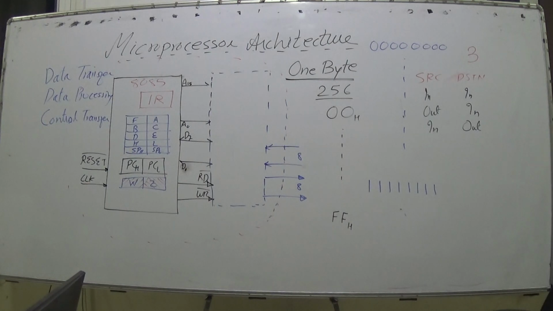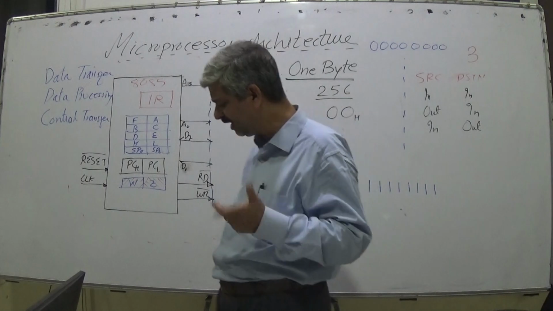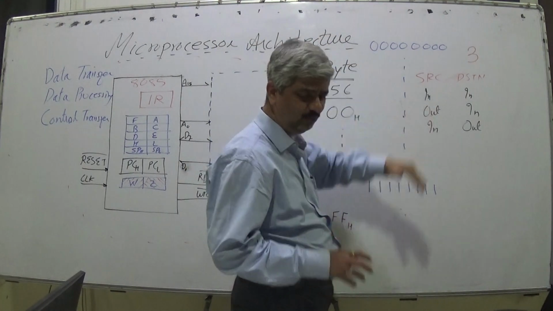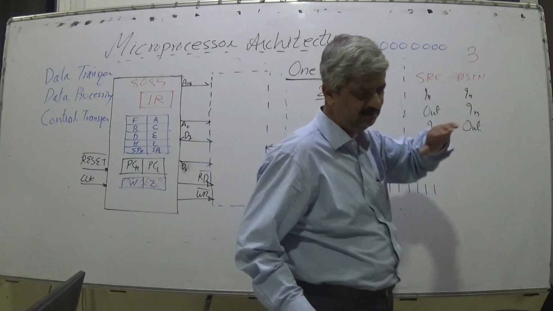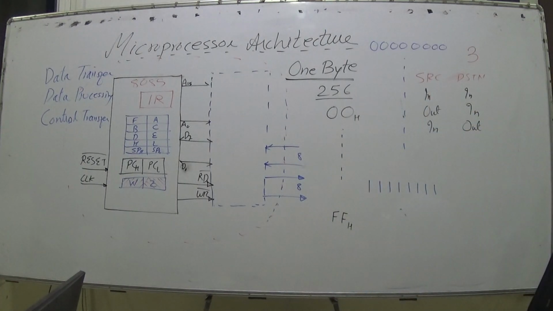For that you need some code. When I am looking at the instruction set, there are 8 bits, and based on these 8 bits I will try to encode a few instructions.